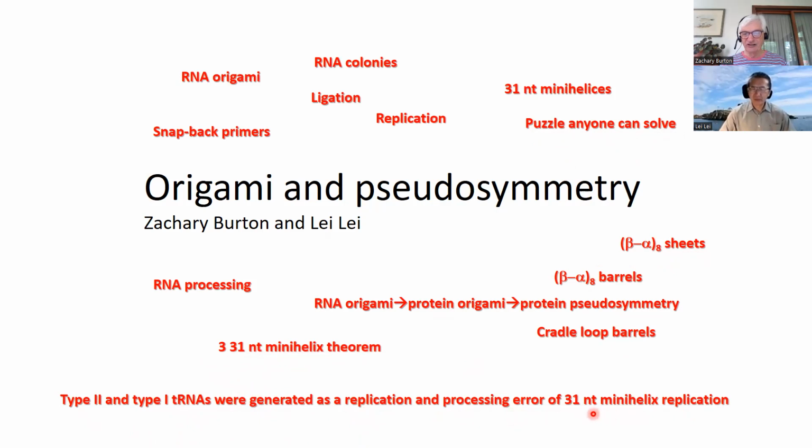So you're trying to replicate these 31 nucleotide RNA mini-helices, and you do it by ligation, and you make a mistake in processing, and you get type 2 and type 1 tRNAs, which are new important features of evolution.